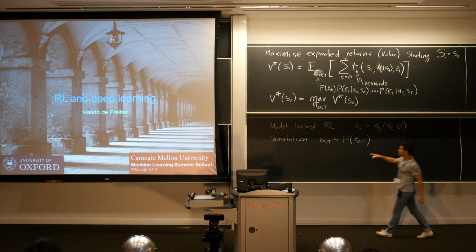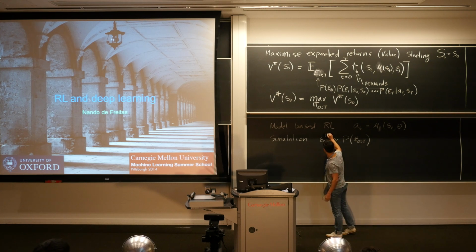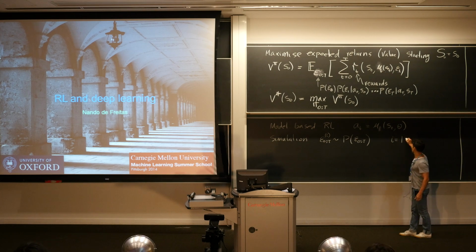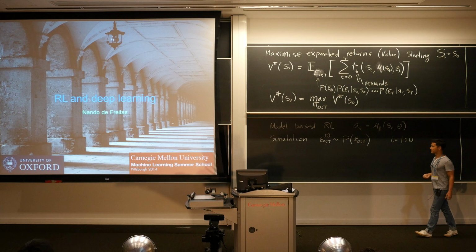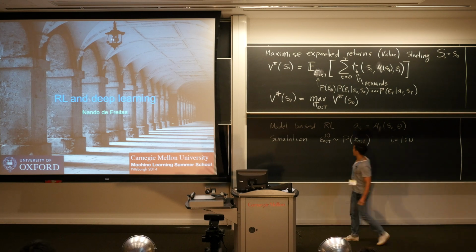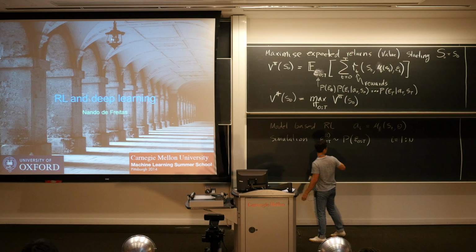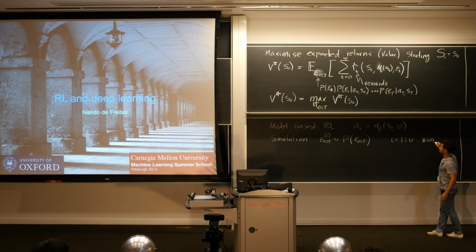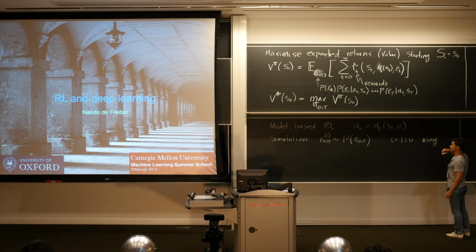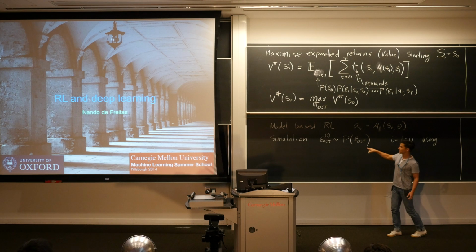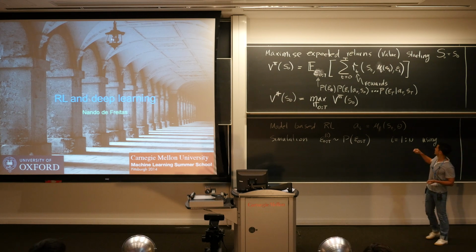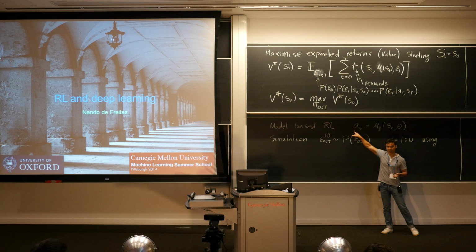Now, assuming that we have drawn several samples, I'm going to use an i to indicate samples, and these i will be from 1 to n. So I've drawn n samples from it. Now I can approximate my value function. I should say, the way I draw samples is I pick an epsilon, I draw an initial sample, and then I need to choose, using this policy, the next action.